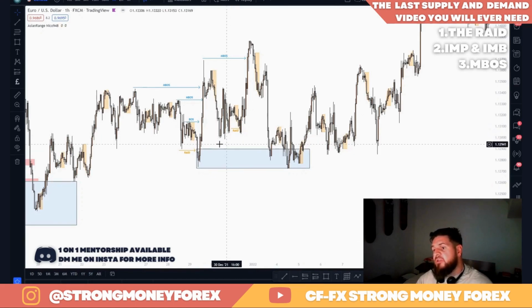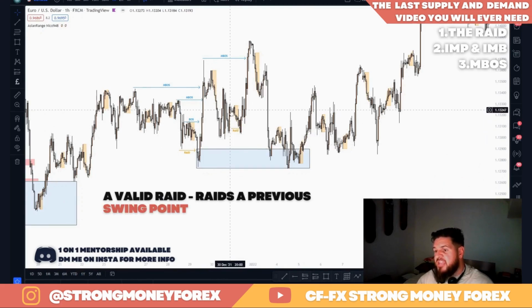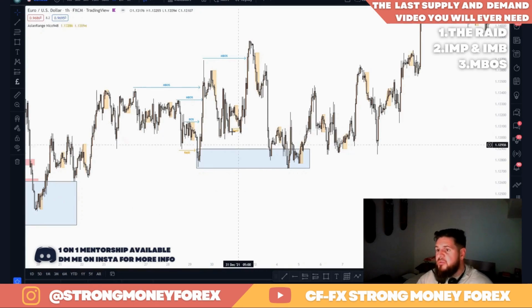We want loads of stop losses under here, broken, okay, and swept. This is pushed down. It's cleared out this internal liquidity, but it hasn't cleared out any of these external liquidity points. So the raid's poor, basically. We then had minor breaks of structure and then a major break of structure, to be fair. And we've had some imbalances, but a lot of it's been filled in, okay?